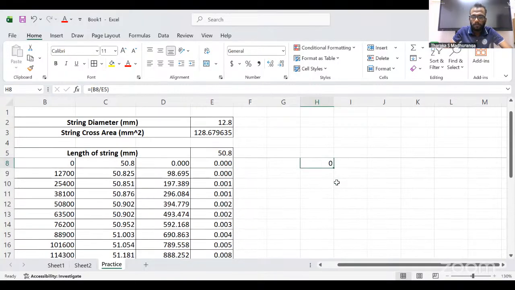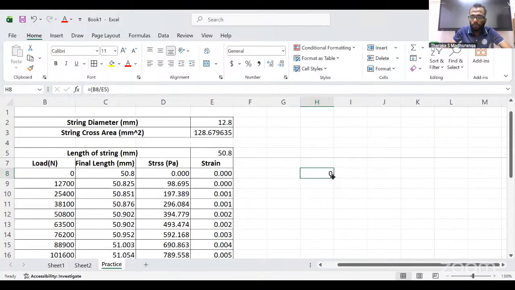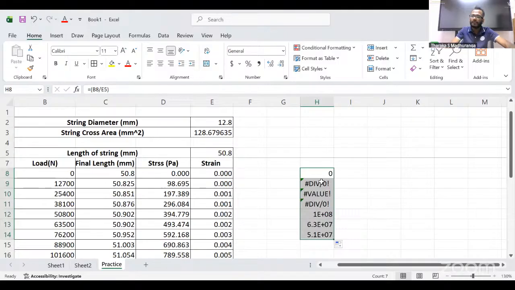Don't know any purpose. Okay, if you autofill this, you can see errors are coming. The reason is, for the second one, 12,700 divided by this strain column value comes. Look, go to the function: B9 is correct, B9 divided by E6, not E5.